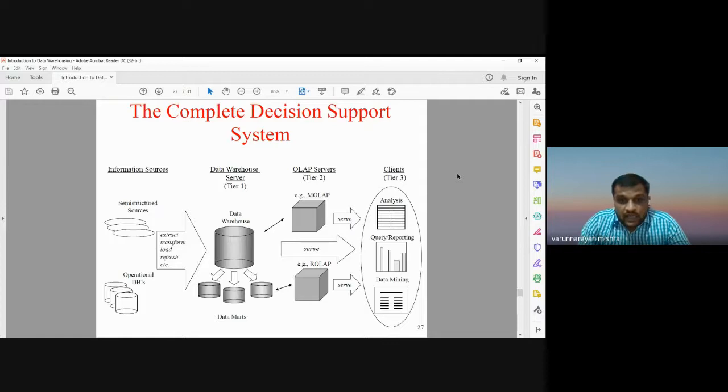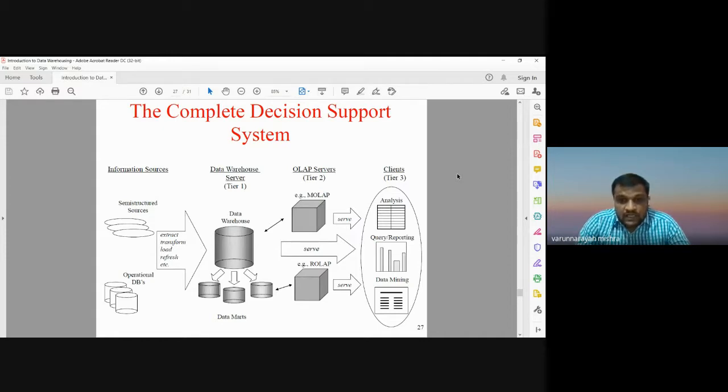Then at tier 2, the OLAP server may have two types, multidimensional OLAP or relational OLAP. Multidimensional analytical processing and relational OLAP will be used as a server, doing the processing on the server side. That server is at the tier 2 position.